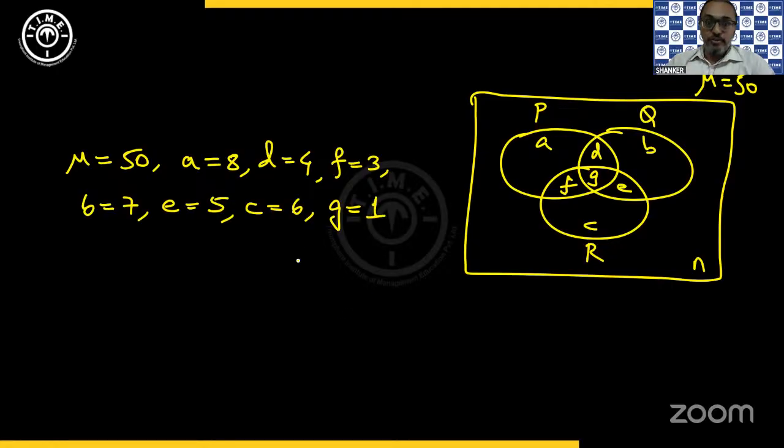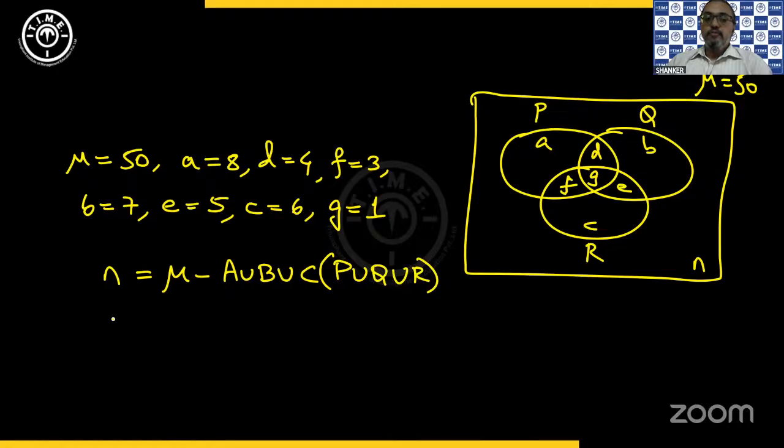So every value is available to us except the N value. Correct? It means how many families did not subscribe at all to any of the channels. So how do I get the N value? Mu minus A union B union C, or in this case, P union Q union R. So mu is 50 minus, you add all the numbers, meaning all the alphabets that are inside. That is how you get N. See, that is why you understand the region representation.